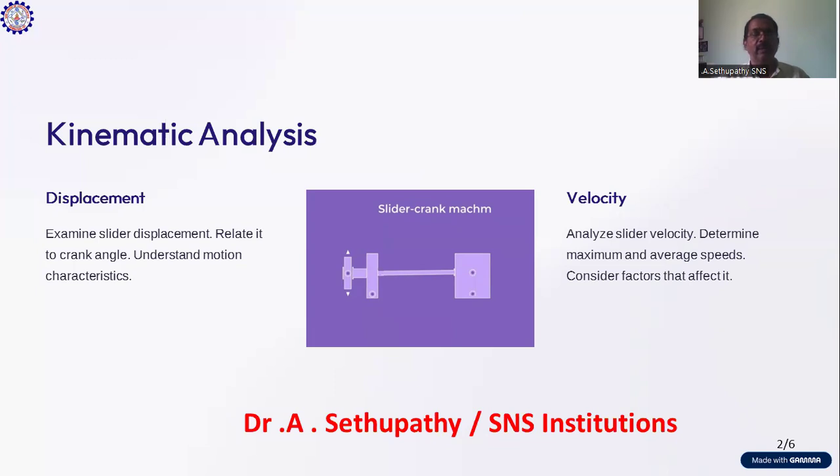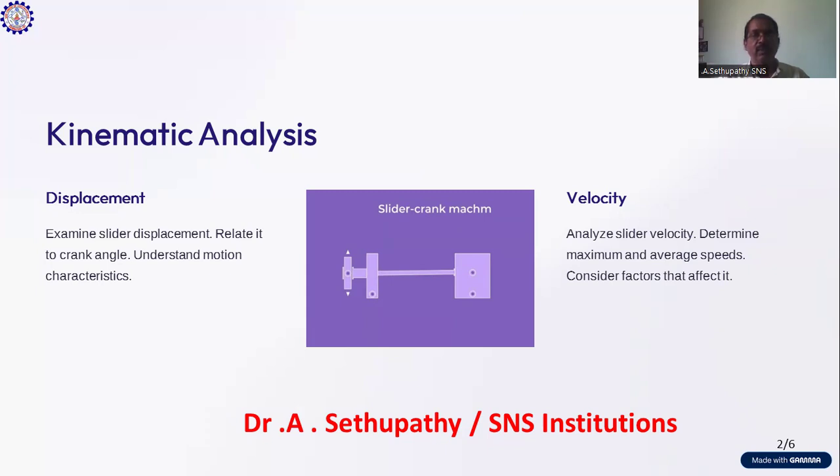The connecting rod movement is called the sliding movement. It is the displacement of the piston from top end to bottom, related to crank angle, to understand motion characteristics.